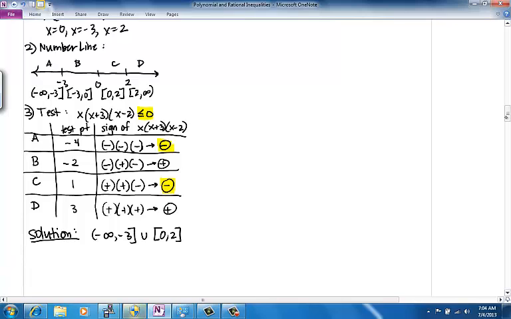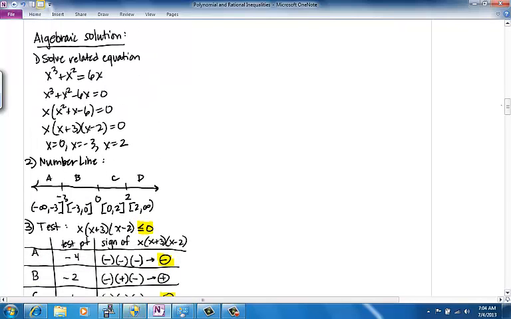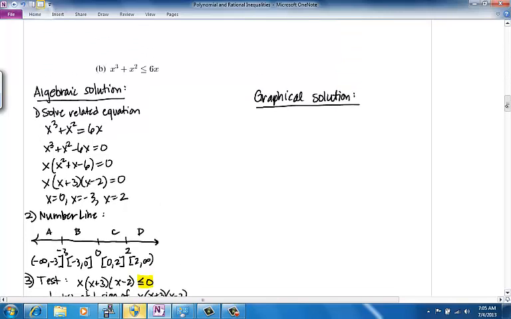Let's also take a look at a graphical solution. For the graphical solution, we want to graph f of x equals, in this case, x times x plus 3 times x minus 2.